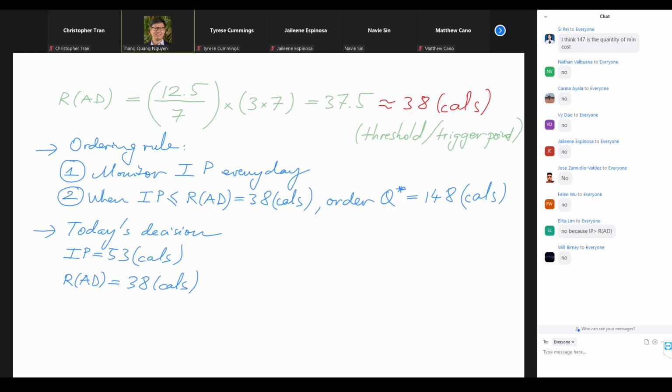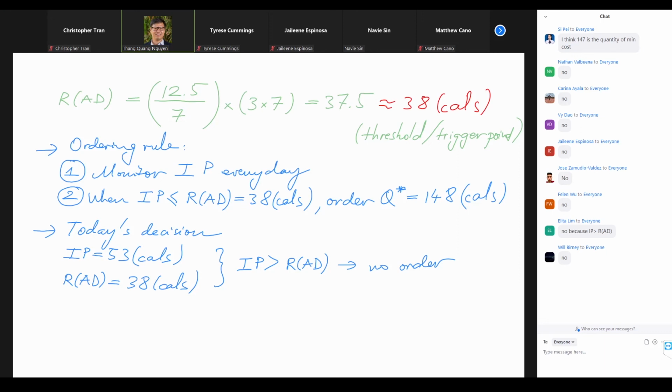In this case, because the remaining stock is still more than the reorder point, we do not need to make any order, because it means that we still have plenty of stock. That's the current stock right here, and it's still above the reorder point or the threshold. So we do not need to make any order today.